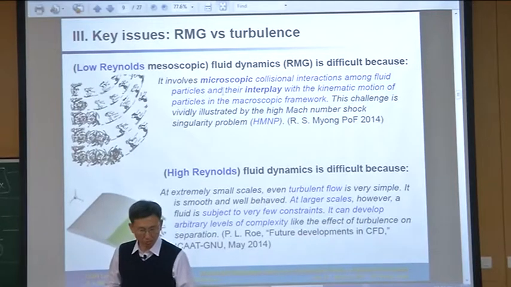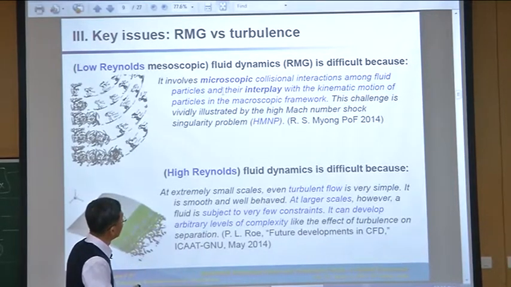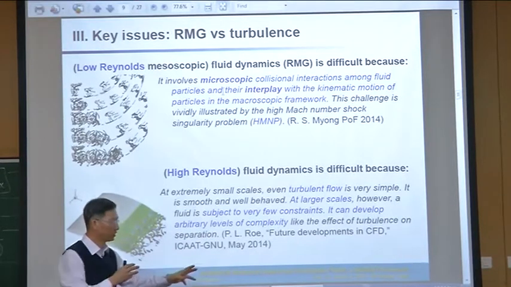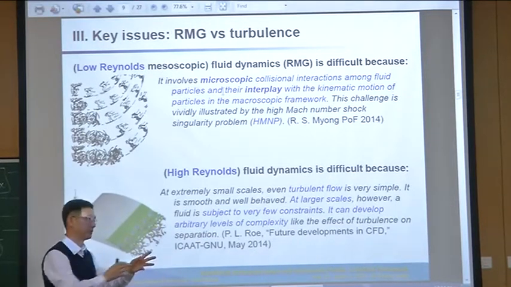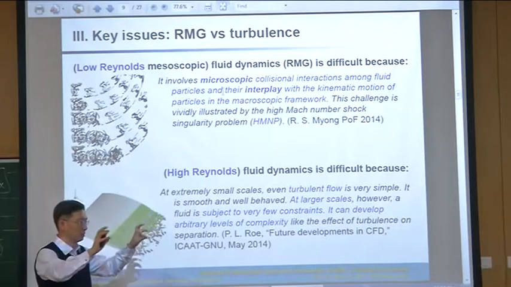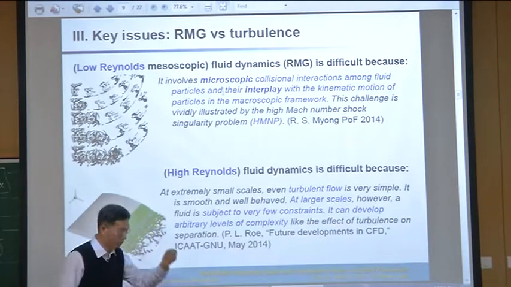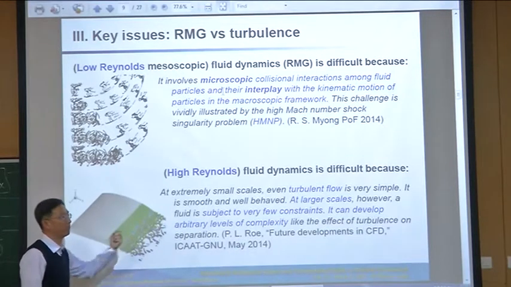That's why turbulence is so complicated. The RMG is different. As I mentioned, the kinetic term is all about movement. And then another one is the interactions. But there are two terms that interfere with each other. So complexity comes in for a different reason.